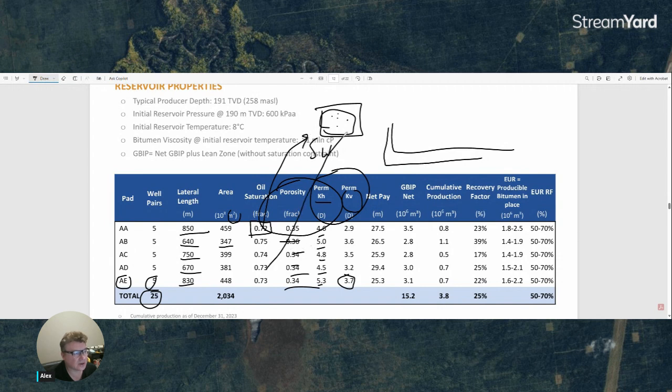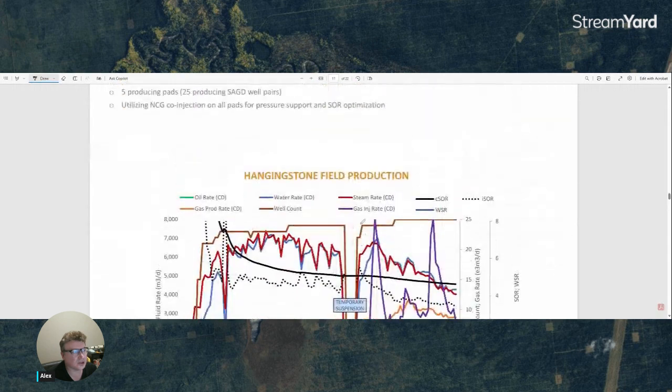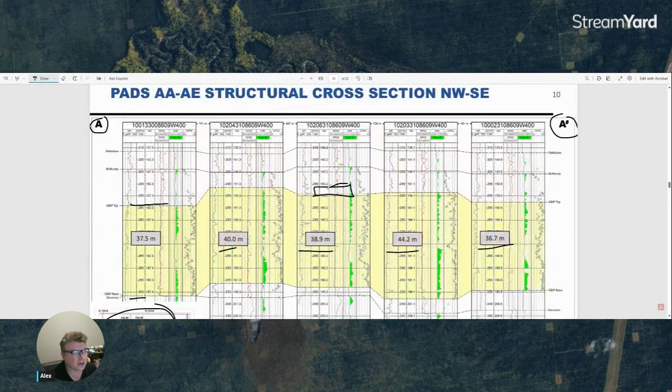If you have 73% oil saturation, then you'll have 27% or so of water saturation. You integrate the porosity, you know the permeability, and you know the net pay, which we talked about. In this case net pay is 27 meters, 26 meters, 26 meters, 29 meters. And now you have a better understanding of the geologies that we have in place here.